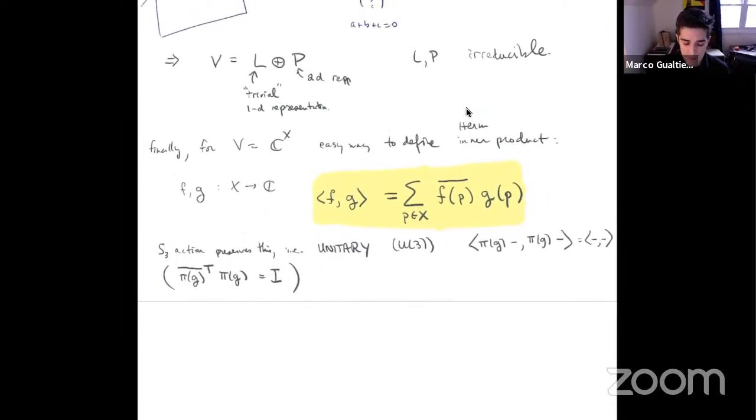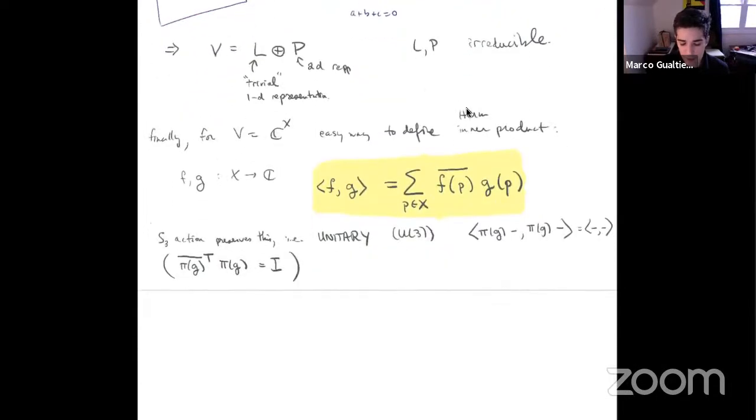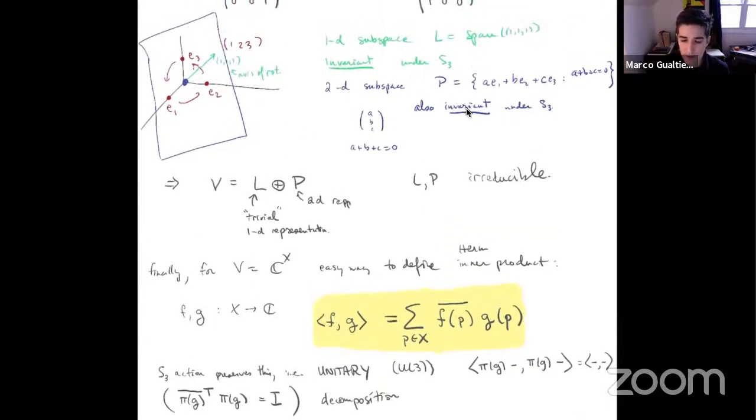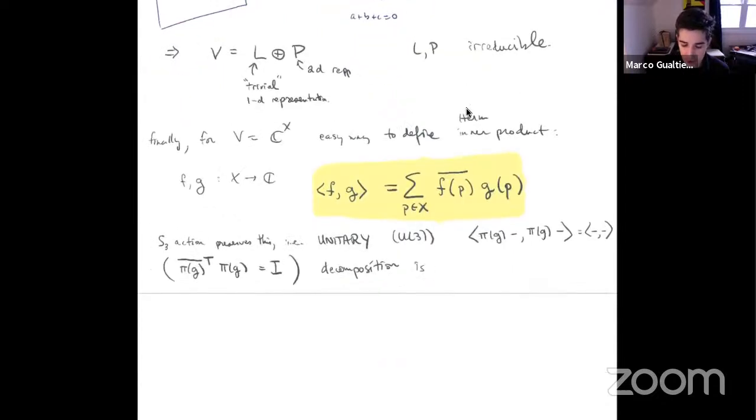Okay, and not only that, but the sum above, the decomposition. Obviously, if you look at the way that I defined the plane, I defined it to be the Hermitian orthogonal complement of 1, 1, 1. So this decomposition is orthogonal.